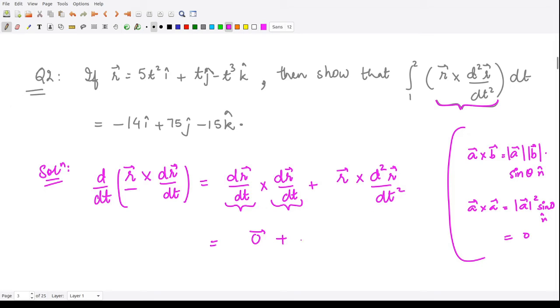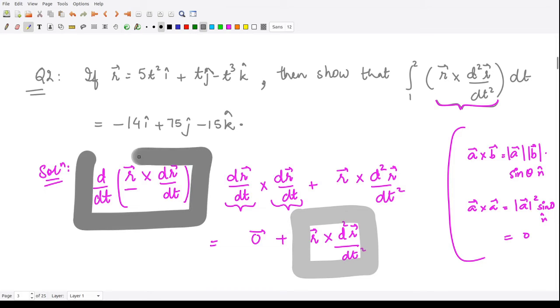And I have the second quantity as vector r cross product with d2r vector by dt2. So basically you now obtain this quantity, and you can substitute it here in this place. So what do you obtain from here?